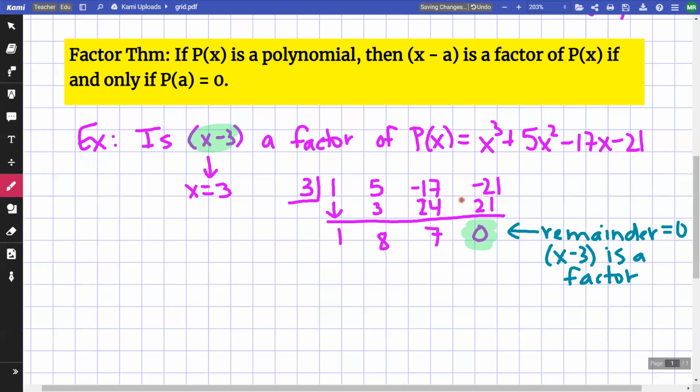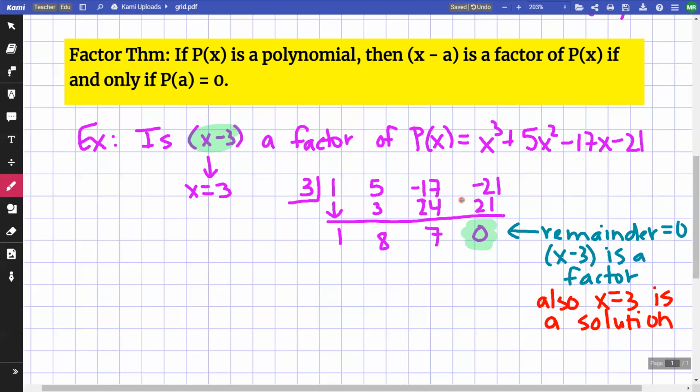It also tells me that because of that, also x equals 3, since 3 makes x minus 3 equal 0, is a solution. Okay, that also tells me that.